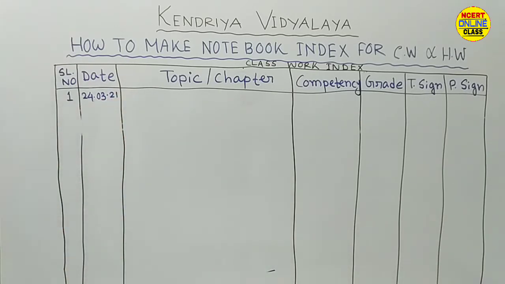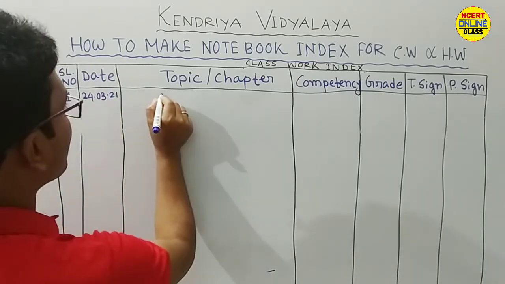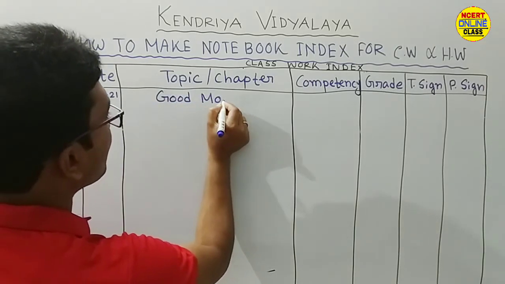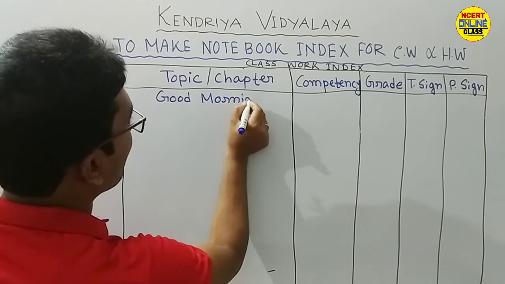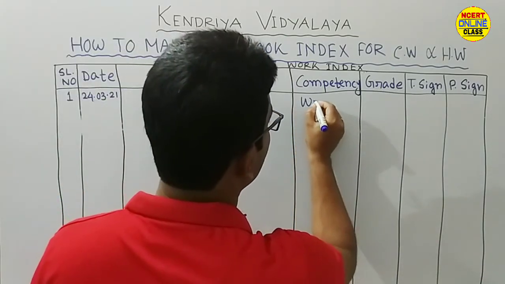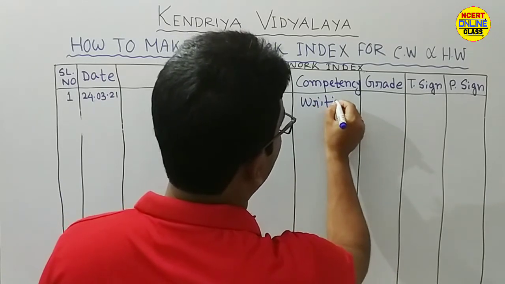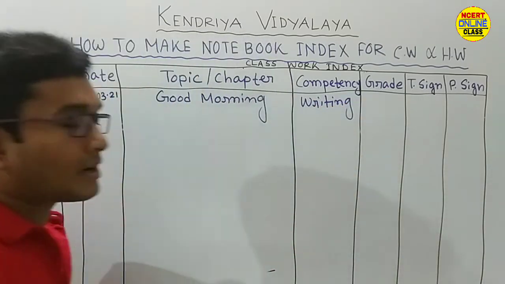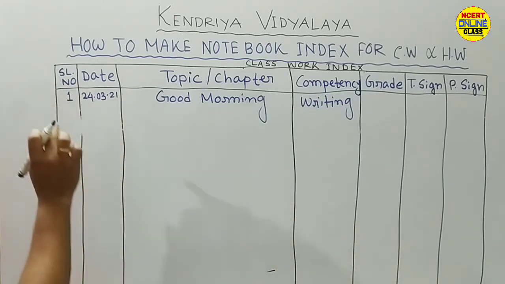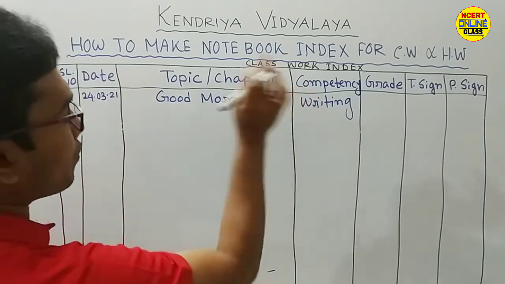It is the date. Topic is good morning, and competency, imagine writing. That means that day the teacher will write question answers in class. So every day you need to fill up these 4 at first.